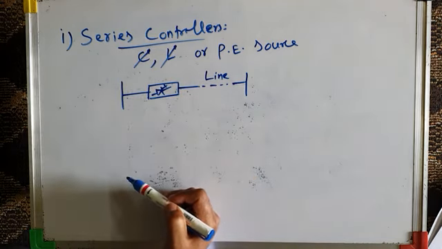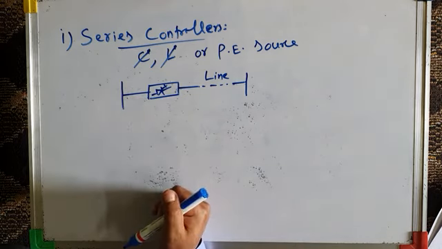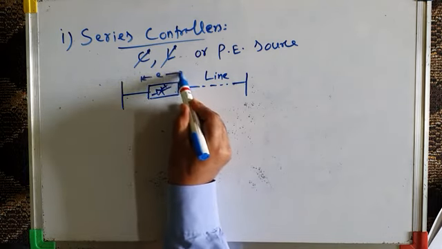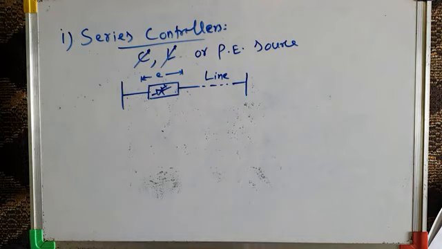Why is it called a series FACTS controller? Because you can see it's connected in series with the transmission line, and it injects a voltage E in series with the line. So that's what I told you a few moments back, that all the series controllers inject a voltage in series with the transmission line, something like this.